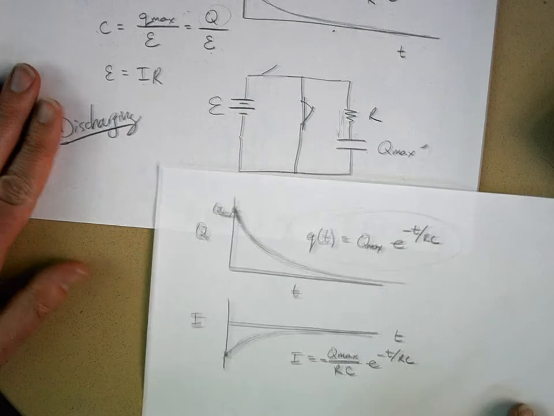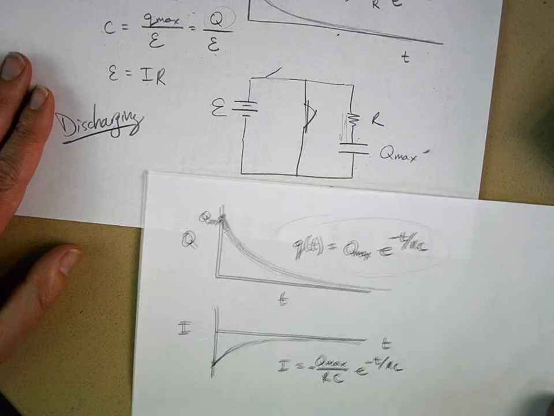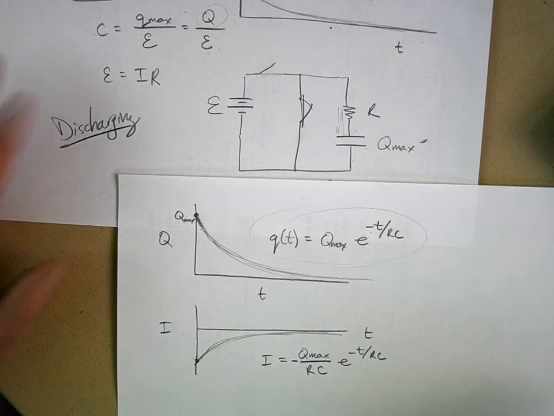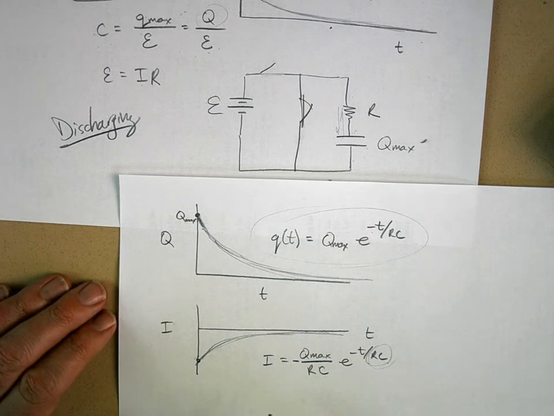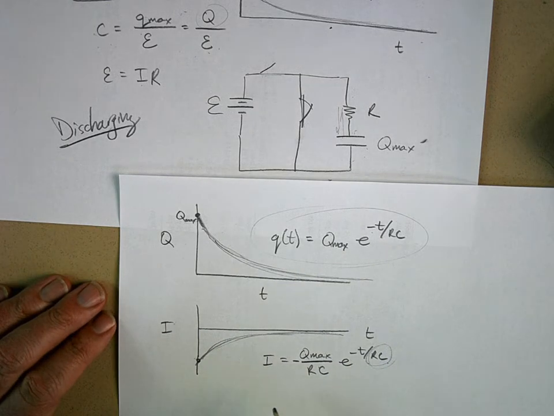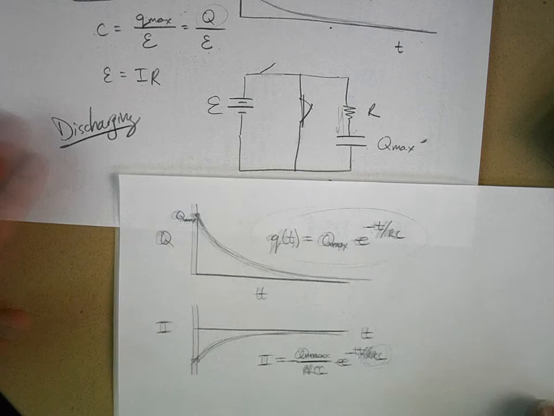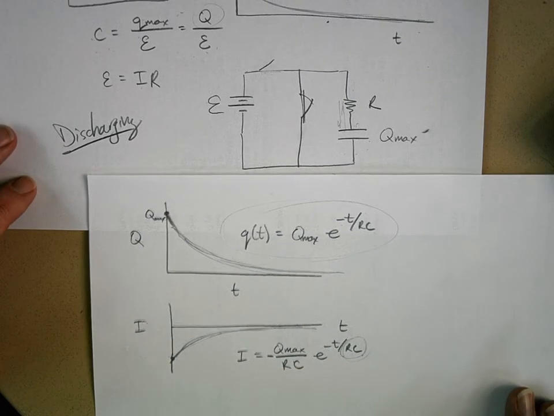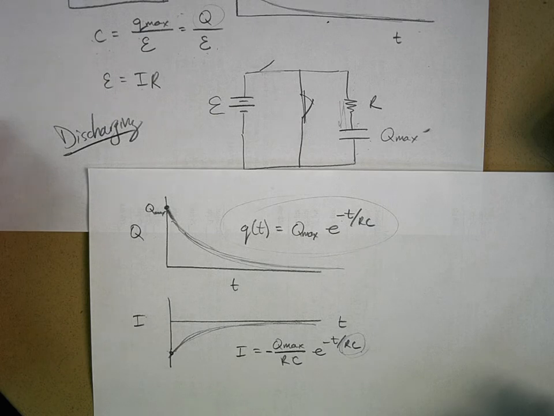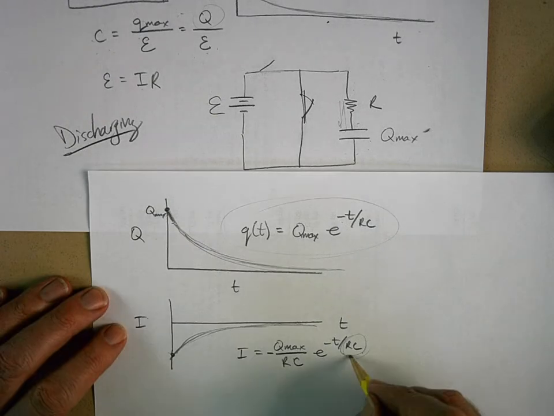Okay. Now what is RC? R times C has units of time. I don't think I need to explain exactly why right now. That would be a good exercise for you to study. Why? Ohms times farads equals seconds.